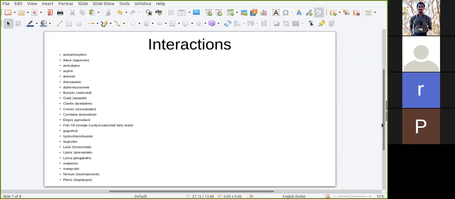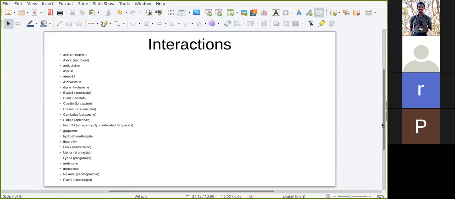Interactions. It interacts with acetaminophen, naproxen, amlodipine, aspirin, atenolol, atorvastatin, diphenhydramine, bystolic, nebivolol, tadalafil, loratadine, rosuvastatin, duloxetine.